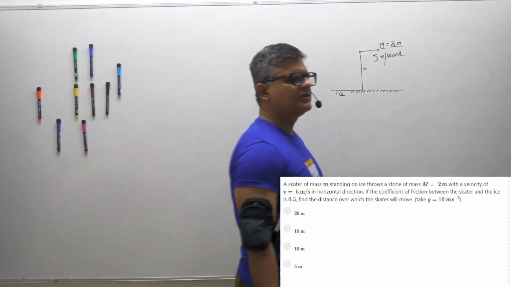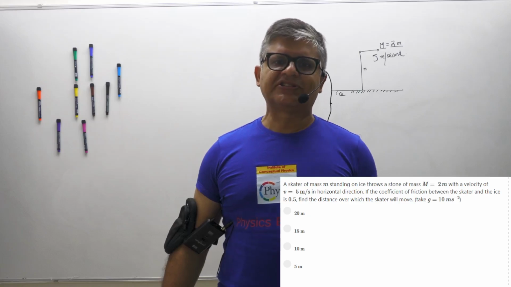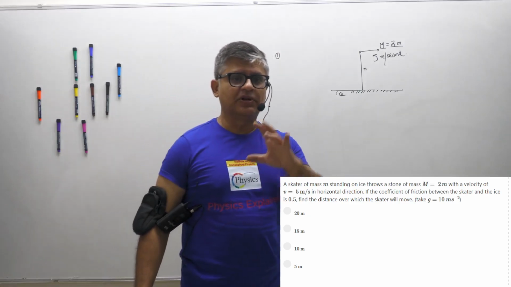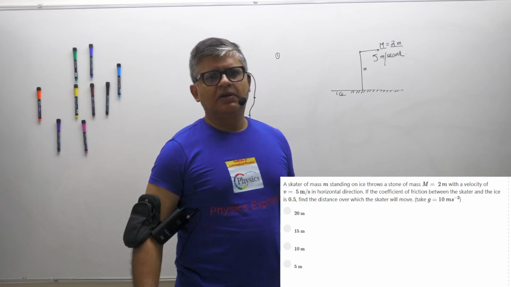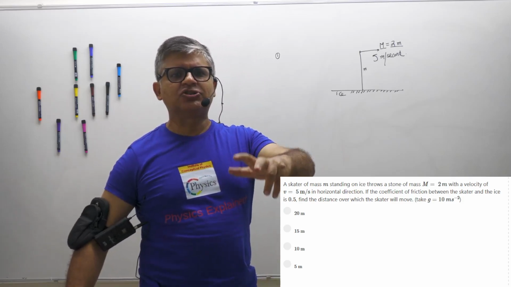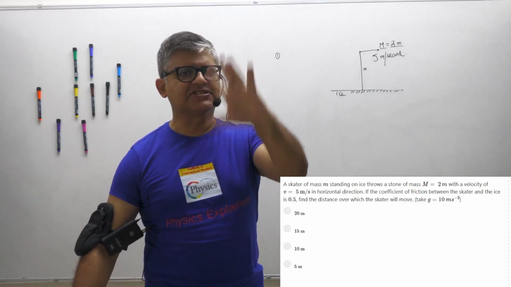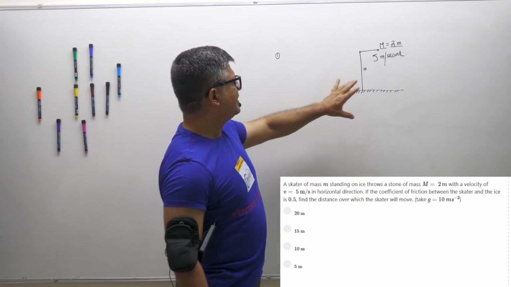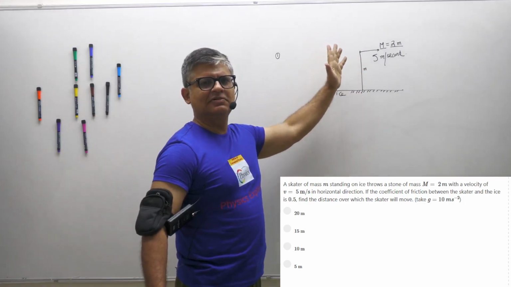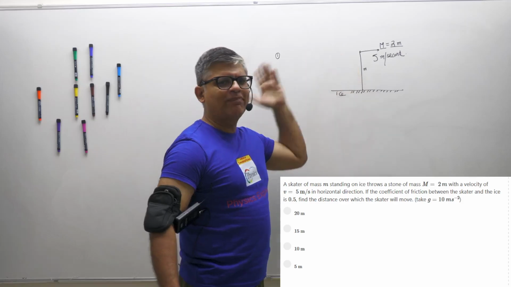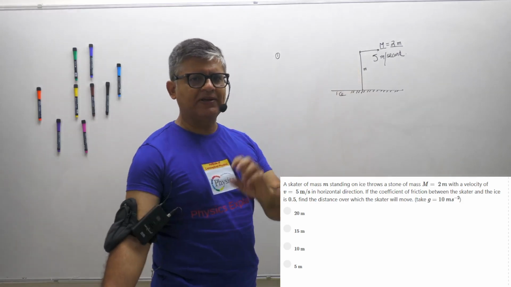Newton's first law says the body continues to be in the same state of motion or rest unless there is an external force applied. Does it make sense to apply Newton's first law here? No, it doesn't.